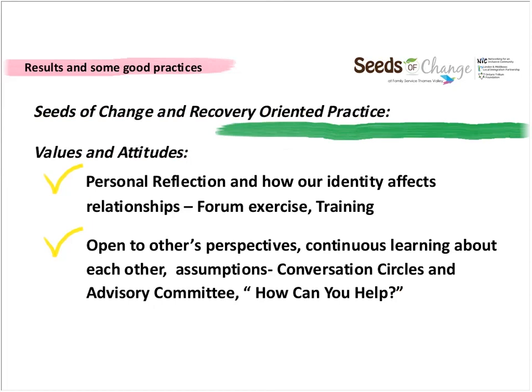And in the forums that we offered, in our conversation circles and in our training, we always had a self-reflection exercise, one being, some of you may have seen it before, a power flower, where each petal represented a piece of a person's identity, whether it's their race or age, gender, and they would write in their description of themselves, the most predominant way they saw themselves, and then within that petal would write down what they saw as being what description had the power in our society.